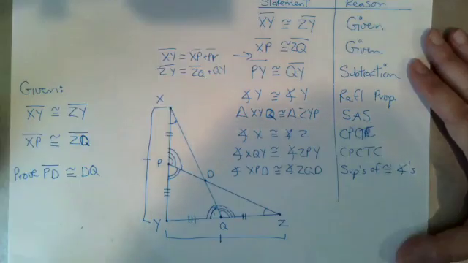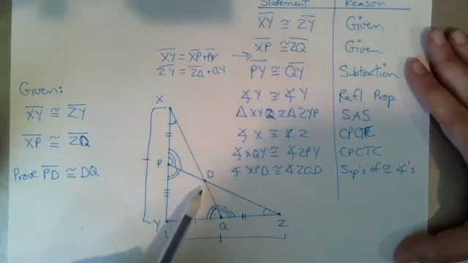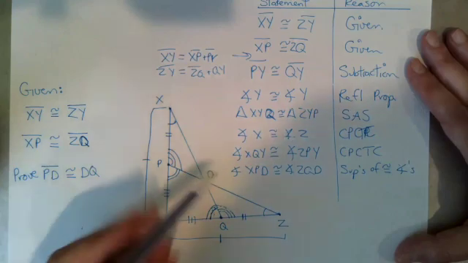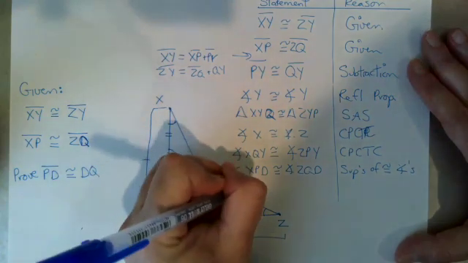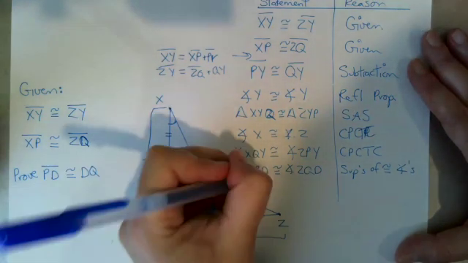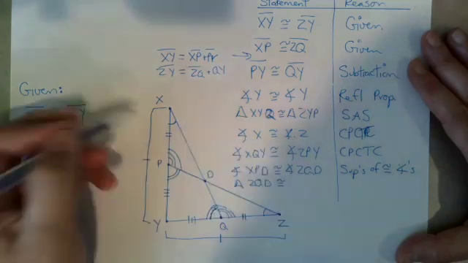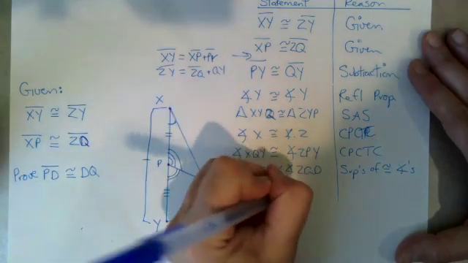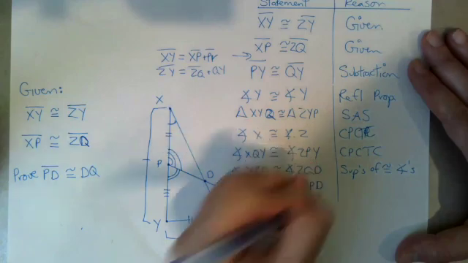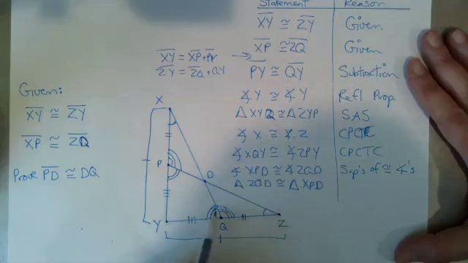And so now finally, I have that triangle ZQD is congruent to triangle XPD. Let me write that down before I forget those letters. ZQD is congruent to triangle XPD, and that was because of angle, side, angle.